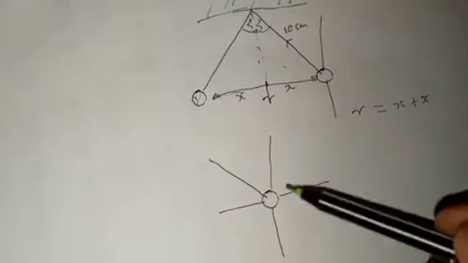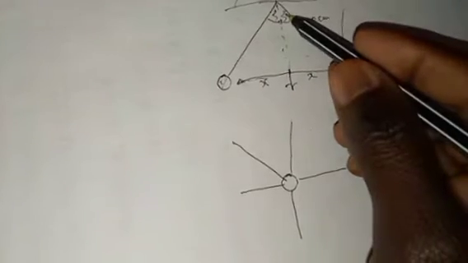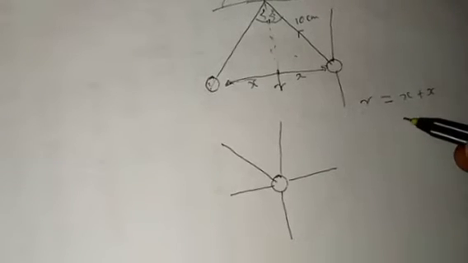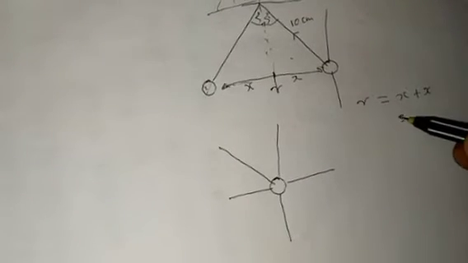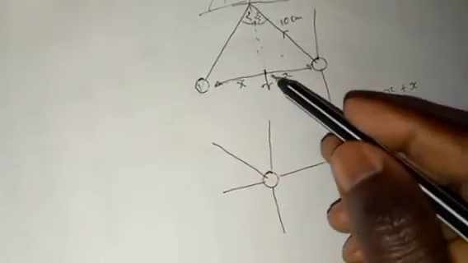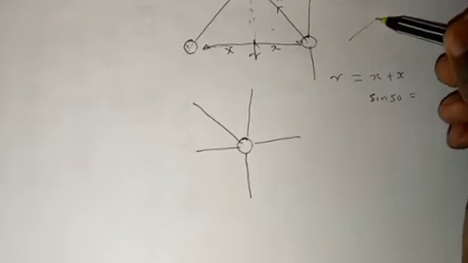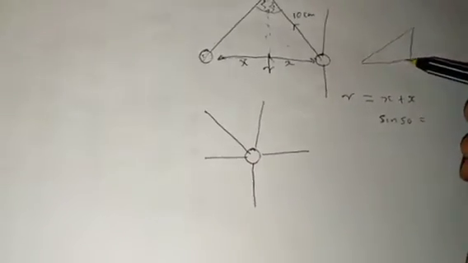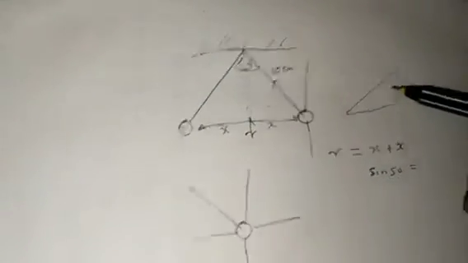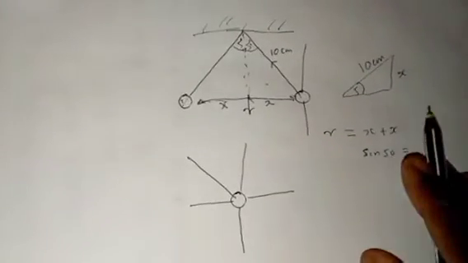Okay, so before we find the value of x, remember we have the angle, which is 5 degrees. What are we supposed to do for that angle? We can use SOH CAH TOA, specifically sine 5 degrees is going to be equal to the opposite over the hypotenuse. This can be drawn like this, and this is going to be the vertical distance here, and this is going to be my x. The angle 5 degrees is going to be here, and 10 centimeters is going to be somewhere there.